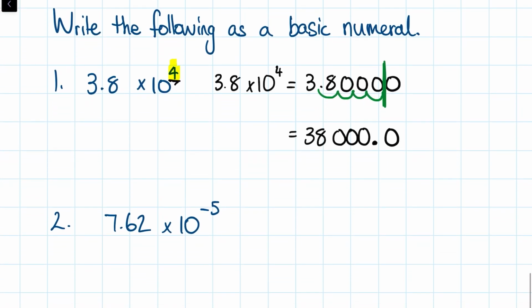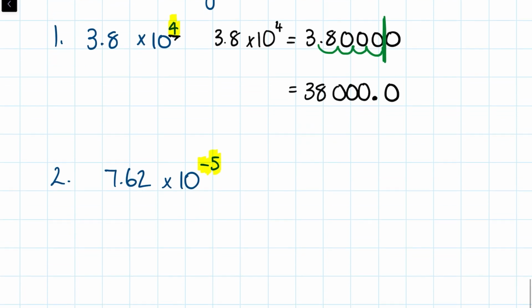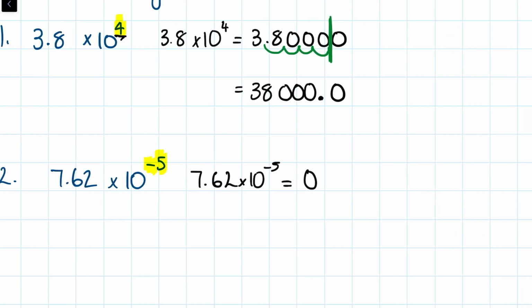Hopefully that was okay. Remembering to pause it again. Looking at this one, I need 5 zeros, but because it's -5, the zeros need to go in front of my number. So I'm going to have 7.62 times 10 to the -5 equals, now I'm going to put my 5 zeros, 1, 2, 3, 4, 5. Now I'm going to write 7, 6, 2.